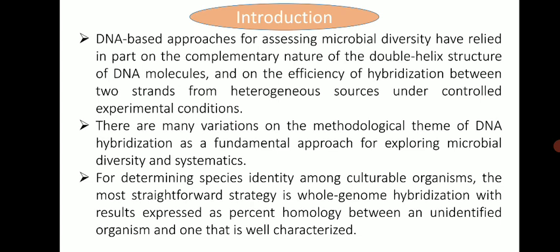So hybridization is carried out between the strands of DNA of two species, in which one species is completely unknown and the other is completely characterized. These DNA based methods mostly depend upon the double helical structure as well as the principle of hybridization. So let's see how this principle is utilized in techniques.